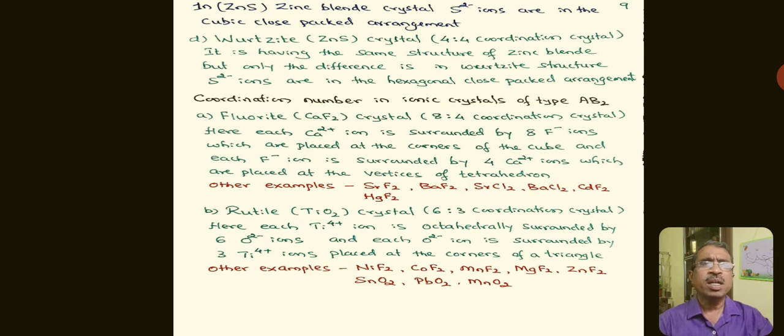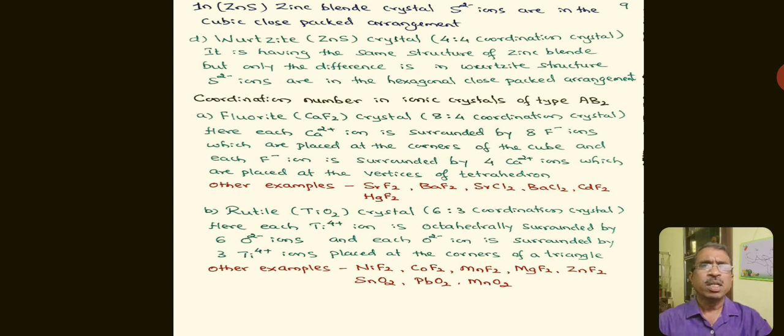In zinc blende crystal, sulfide ions are in a cubic close packed structure. We also have another structure of zinc sulfide called Wurtzite crystal. This is also a zinc sulfide crystal where both have the coordination number 4.